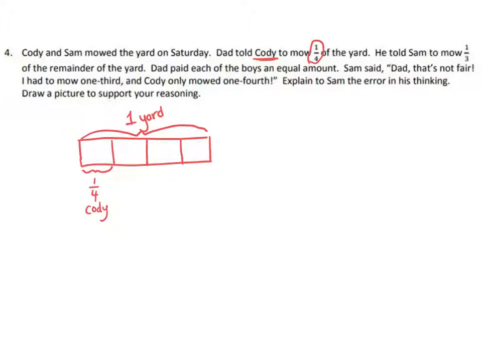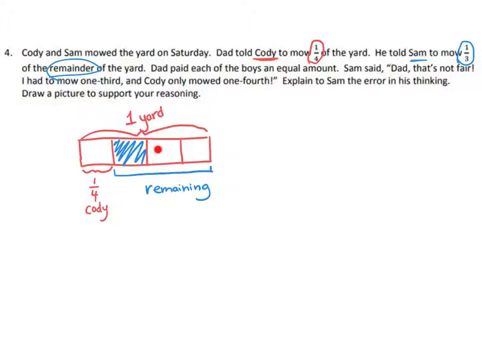He told Sam to mow 1/3 of the remaining yard. So here is what's remaining. Circle that remainder of the yard. Sam had to mow 1/3. So this would be 1/3, 1/3, 1/3.